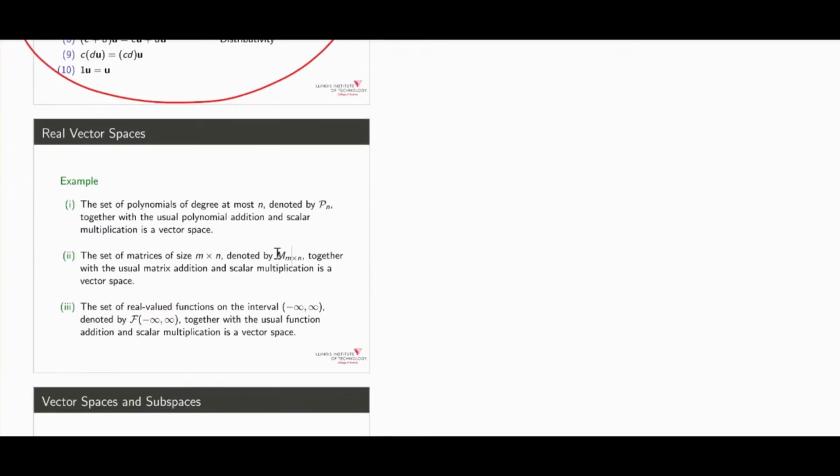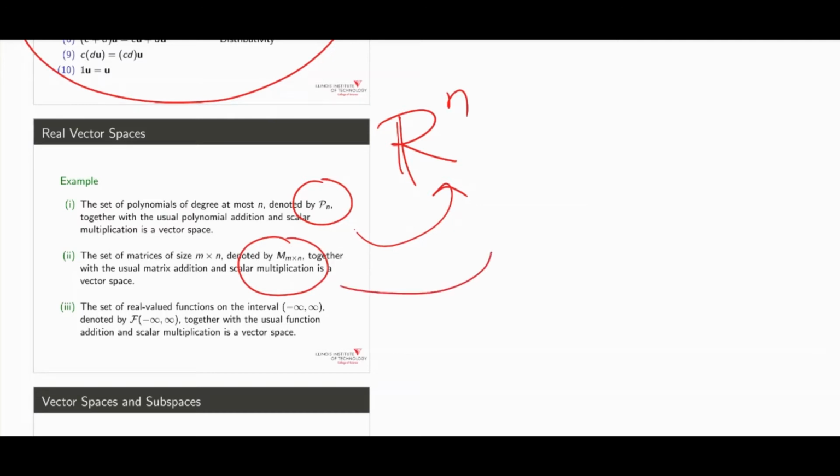The examples that we have seen in section 4.1 are these: polynomials of degree at most n behave as if you are in Euclidean space Rn. Matrices of size m by n, together with the usual matrix addition and scalar multiplication, also behave like the usual vectors in Rn.